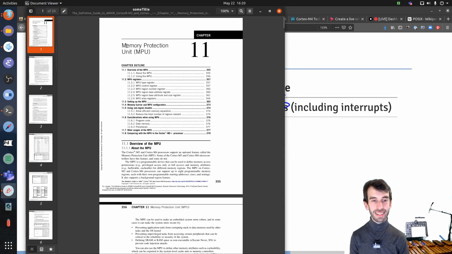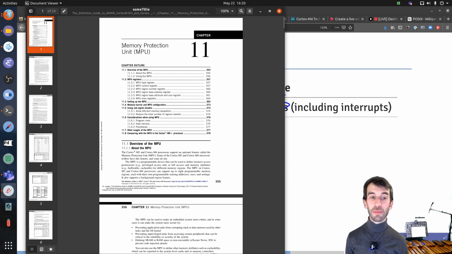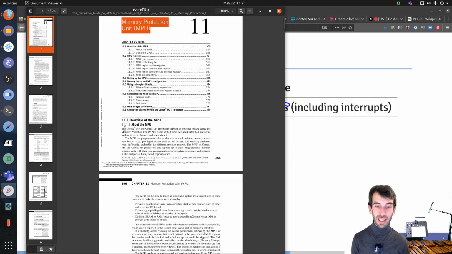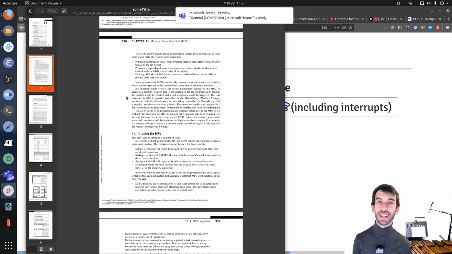There's a chapter from this interesting book, The Definitive Guide to the ARM Cortex-M3 and Cortex-M4, which gives you some details about how the memory protection unit hardware works on your Disco board. And it's something that you can play with in week 11 and 12 in your lab if you want to. It would be great to get that running and have some fun with it.